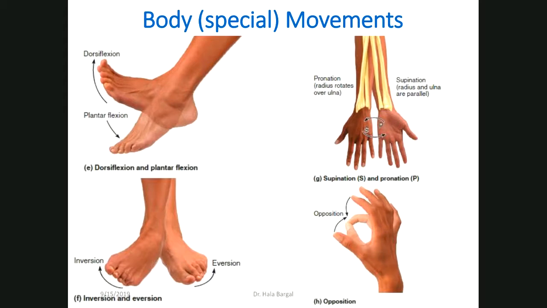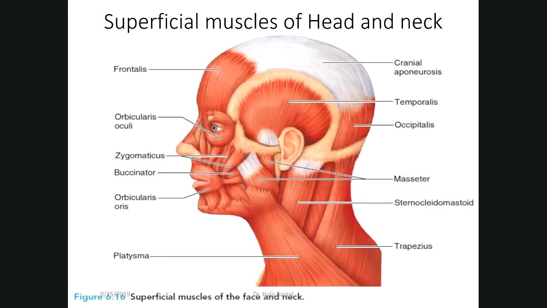We have inversion and eversion. Then opposition, which is meeting the thumb to the little finger. Okay, so these are the movements.